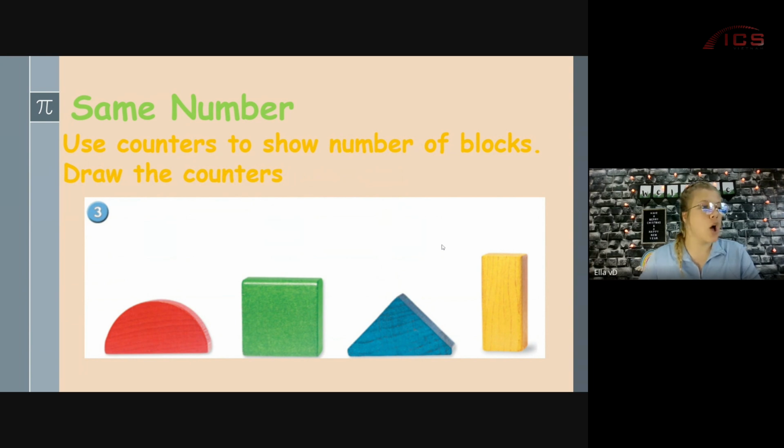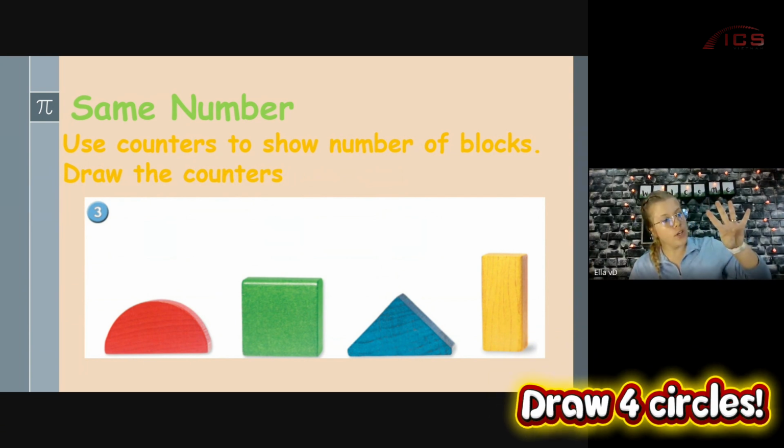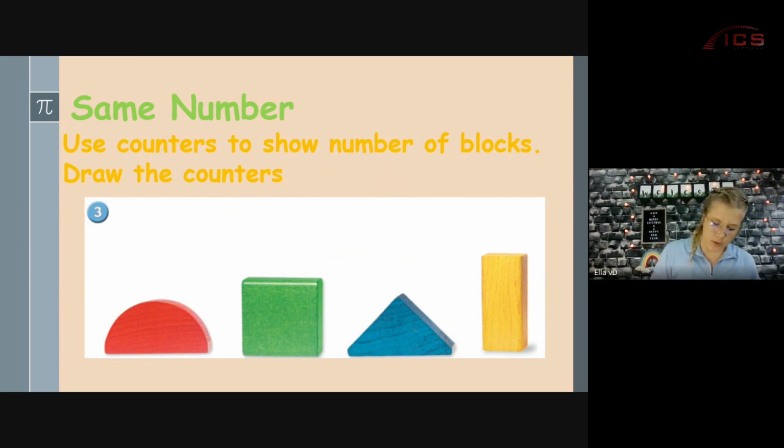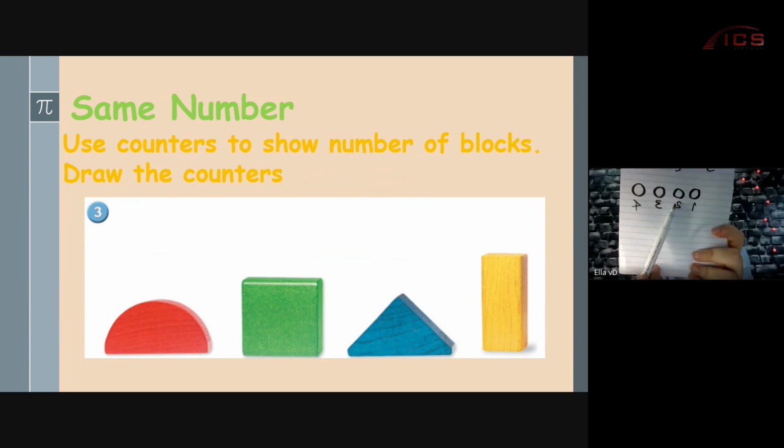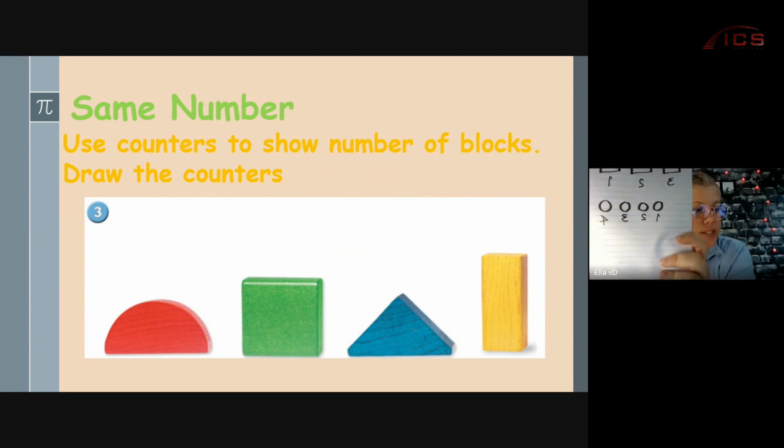So you are going to draw 4 circles to count them. I'm going to draw them with you. We need to draw 4 circles today. 1, 2, 3, 4. And then we need to write the numbers at the bottom again. 1, 2, 3, 4. 4 circles. And we are using our circles as counters.